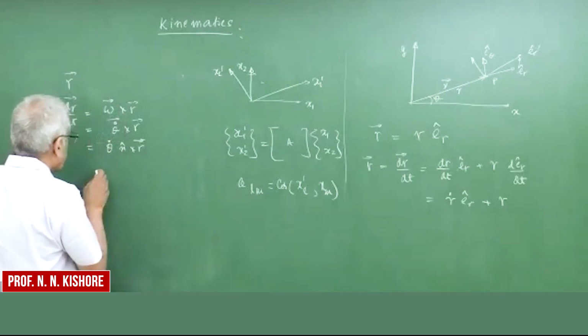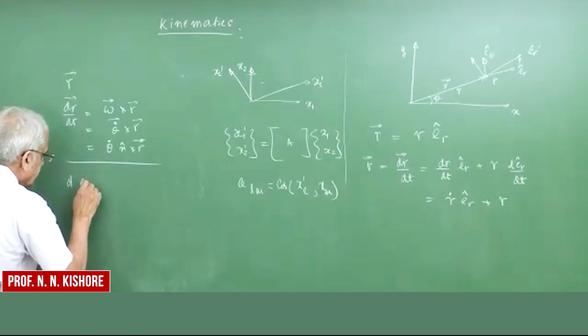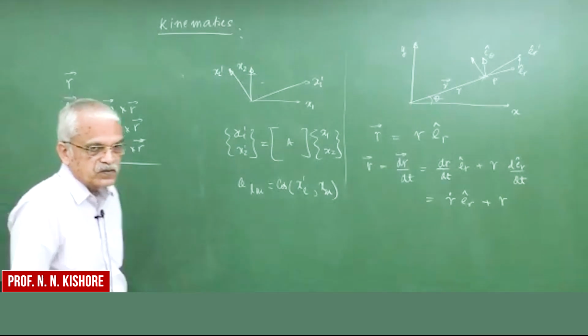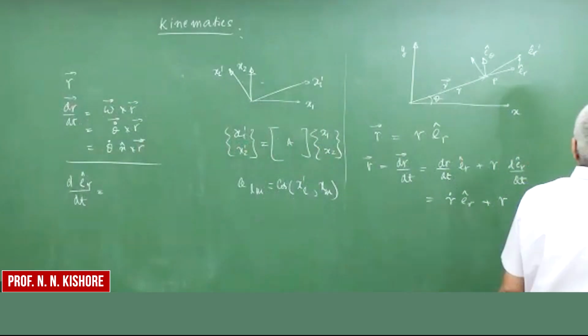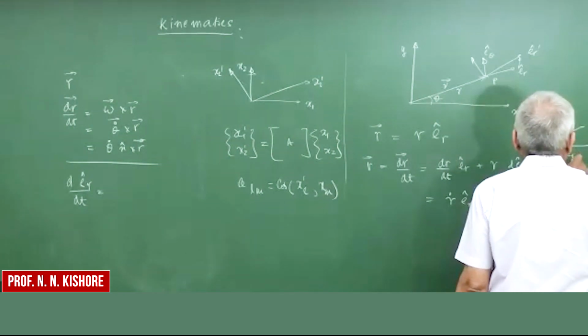So can you tell me what this one here is? I will write der by dt. We have done it in some other sense.